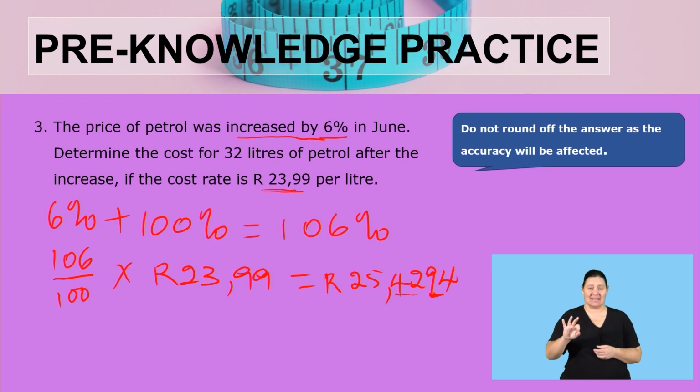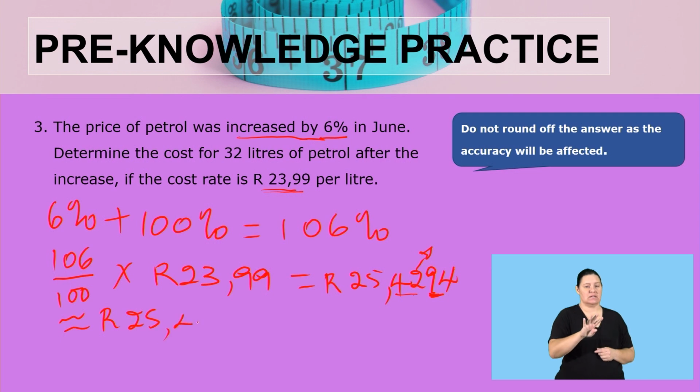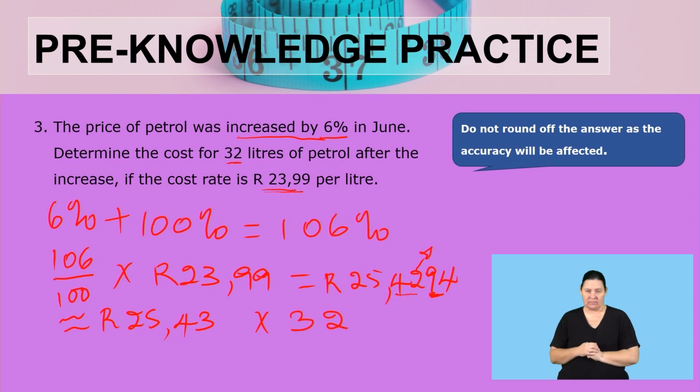Because it is greater than 4, the 2 will be adjusted upwards, and the answer I'm getting is 25 rand 43. Because I need the cost of 32 liters, I will take this cost price and multiply it by 32.